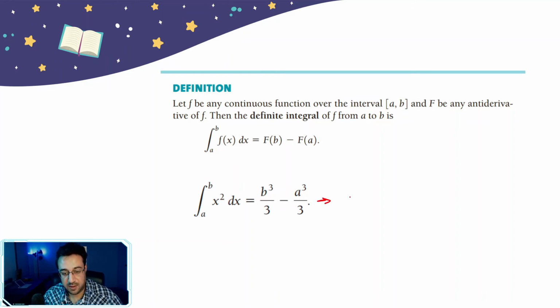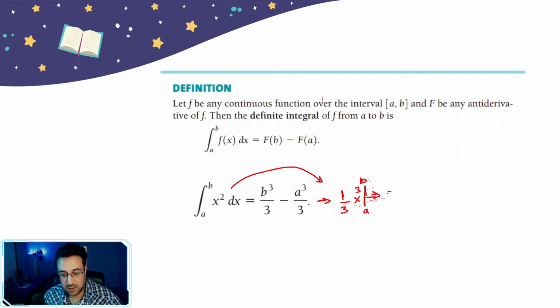So you have here the integration from a to b of x squared dx would be 1 over 2 plus 1, that's 1 over 3, x to the power of 2 plus 1, x to the power of 3, from a to b.